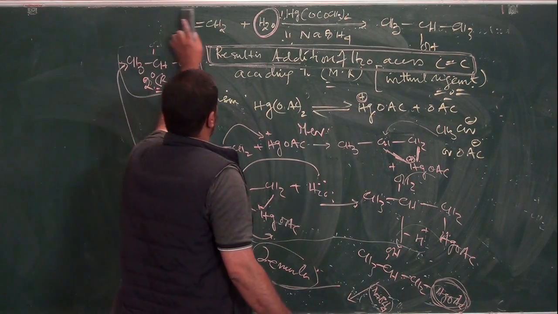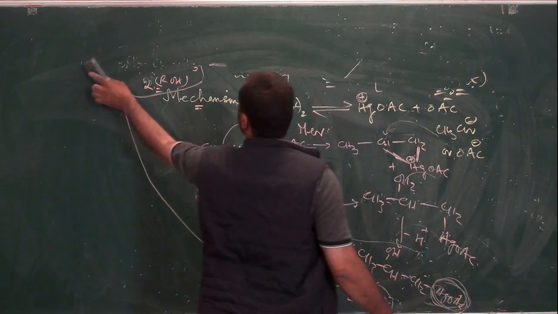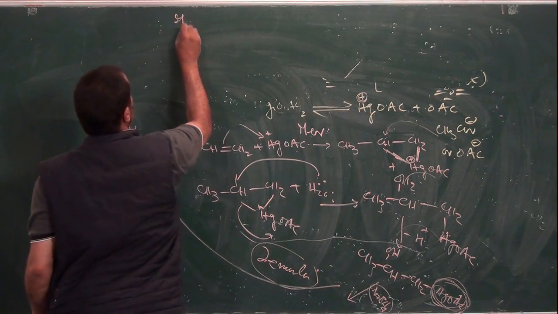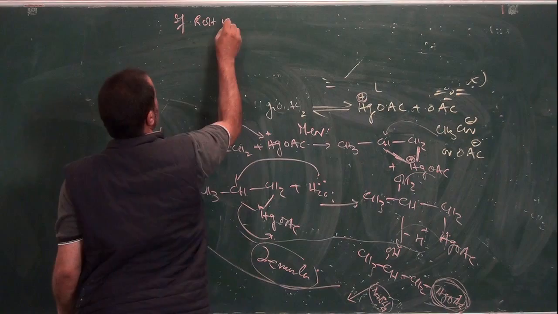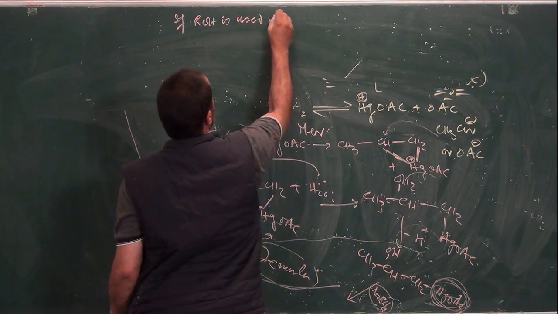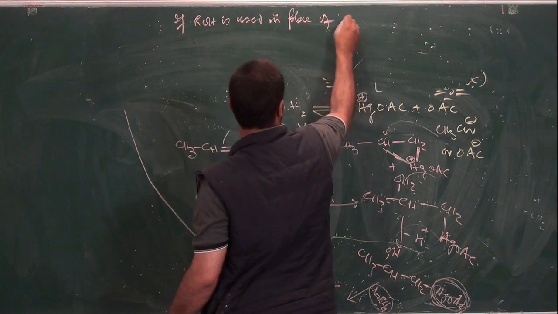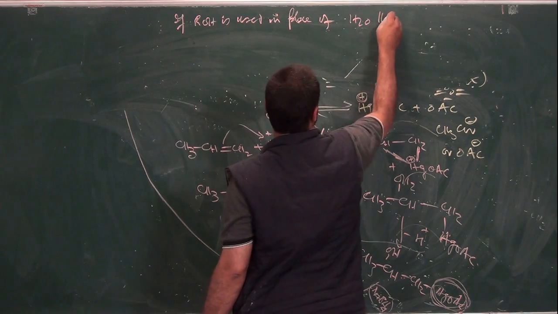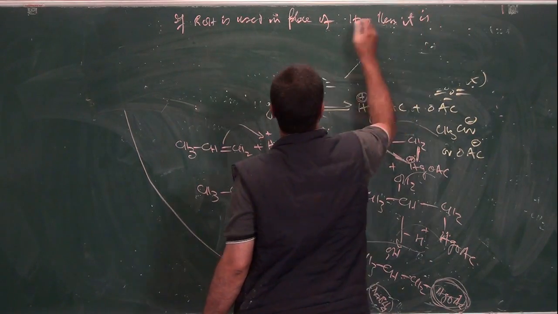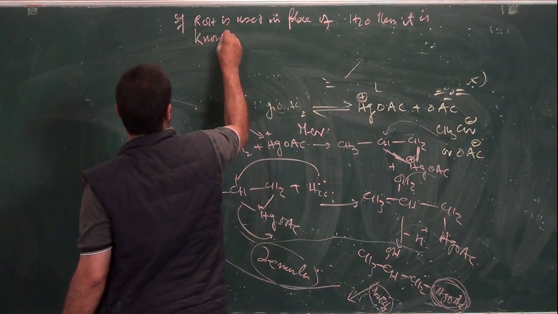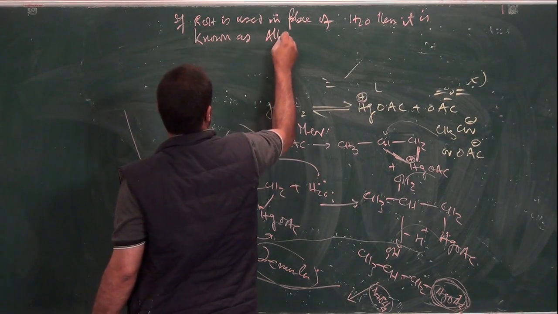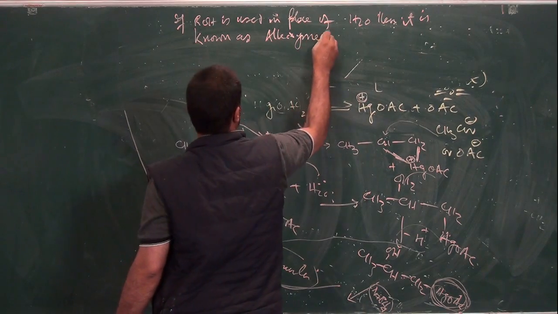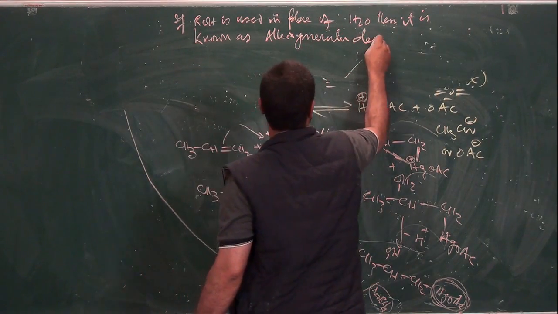I will write here: if ROH is used in place of water, then it is known as alkoxymercuration, demercuration.